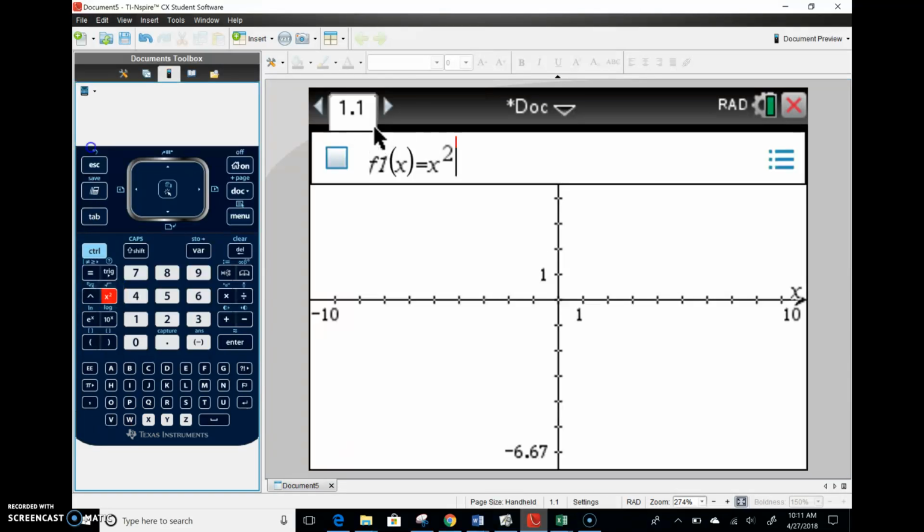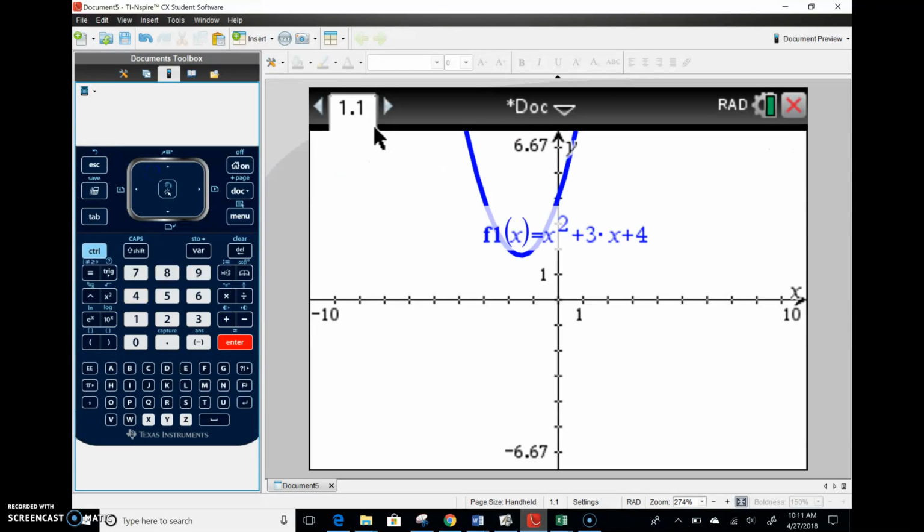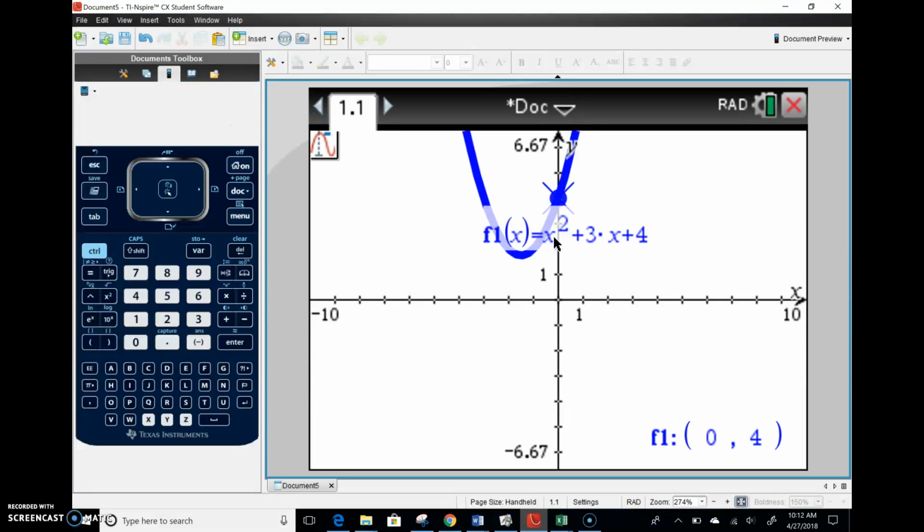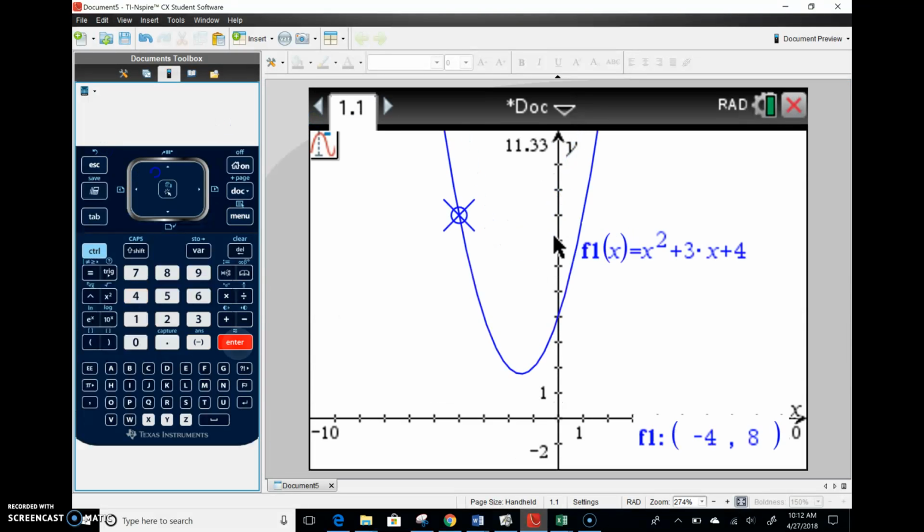X squared plus 3x plus 4. Okay, so -4. Oh, I forgot. Menu, trace, graph trace. -4 is 8, not 32, okay?